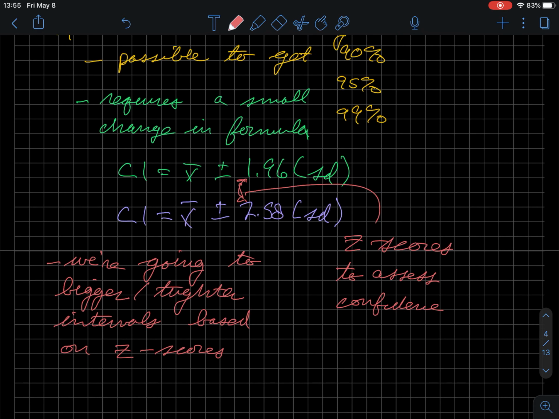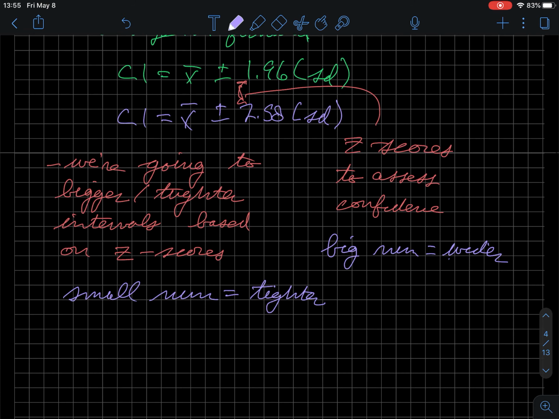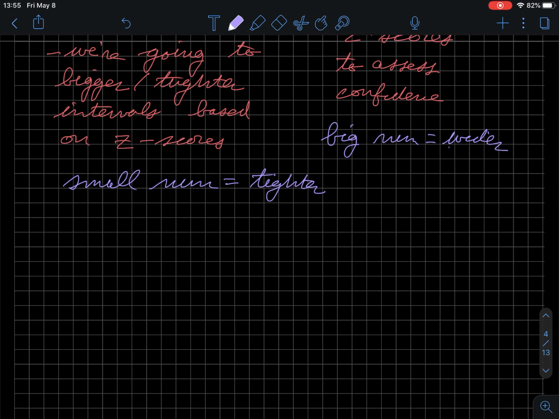A small number is going to be tighter because of the multiplicative factor here. If it's a bigger number, it's going to be wider. That's the core thing here. This is just simple multiplication.